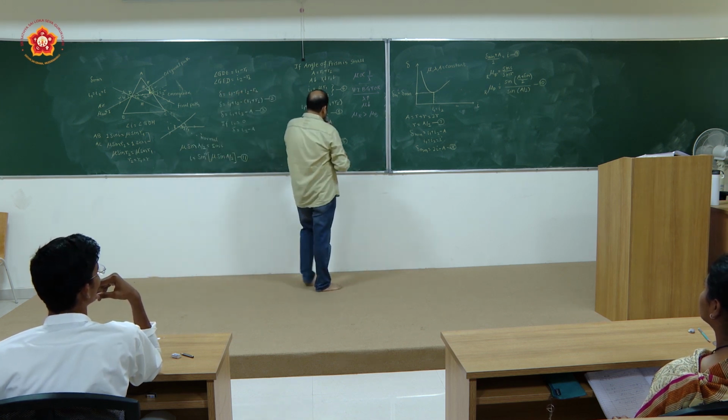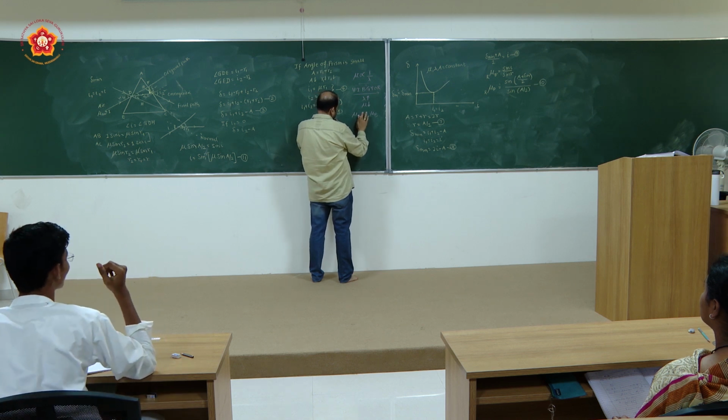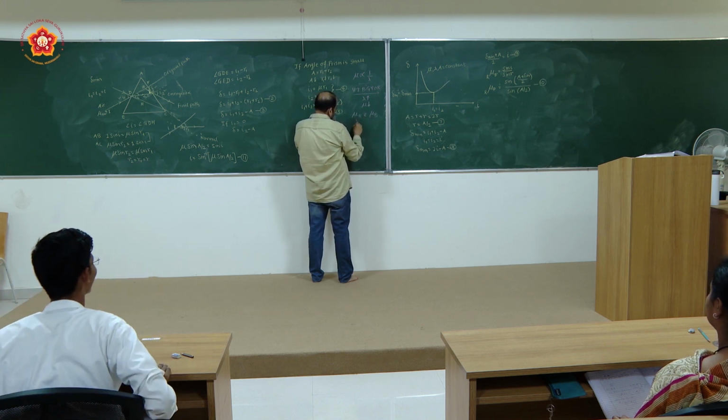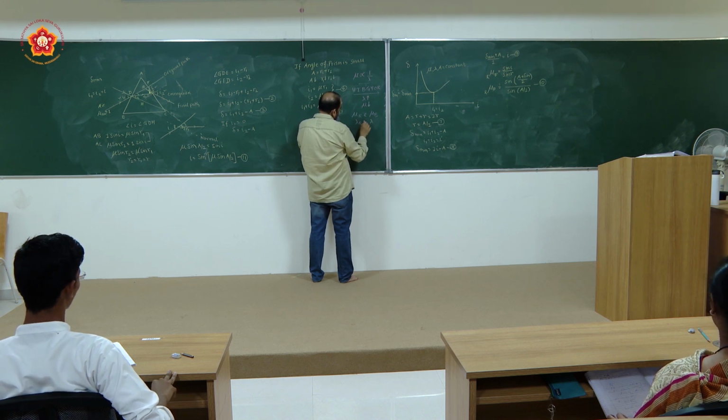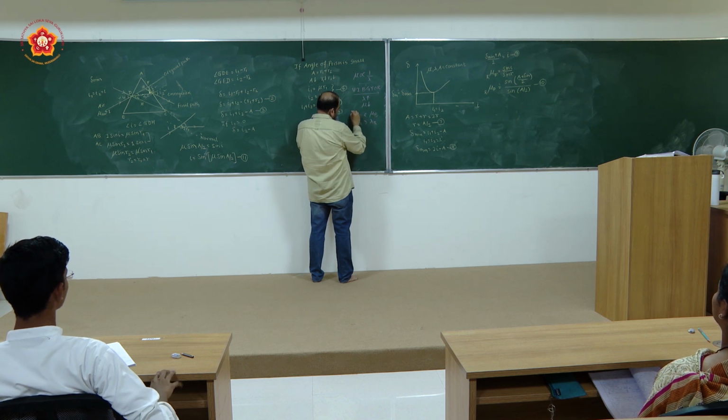What is the relation of lambda? Lambda r is greater than lambda b. So you will be having mu r less than mu b.